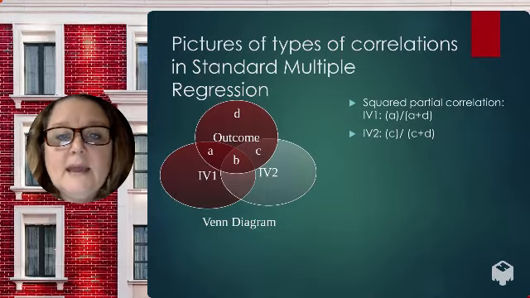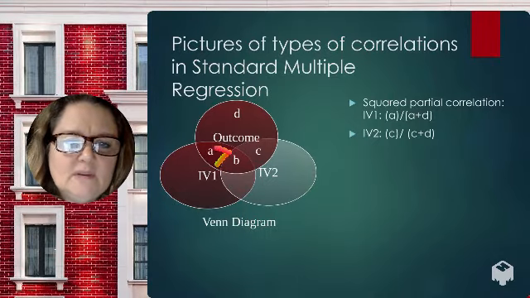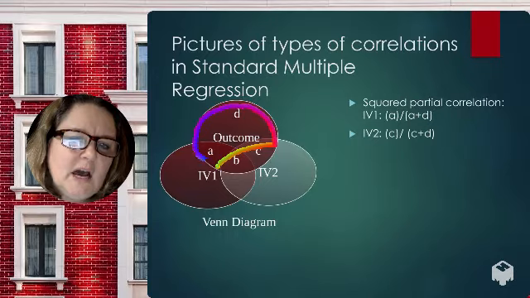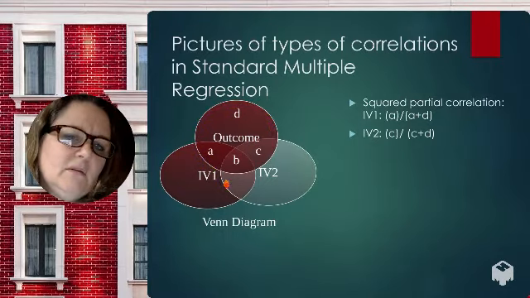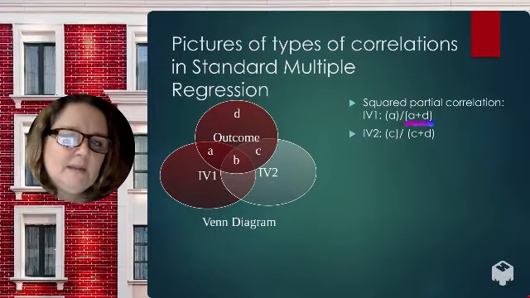Okay, what we're looking at here is a squared partial correlation. And for this, what you're comparing is just A. So we're leaving out B and any shared variance, just the contribution of A to A and D, right? So it's not 100% of the outcome, because in this process we've removed everything associated with IV2 from both the numerator and from the denominator, and that will give us our partial correlation.